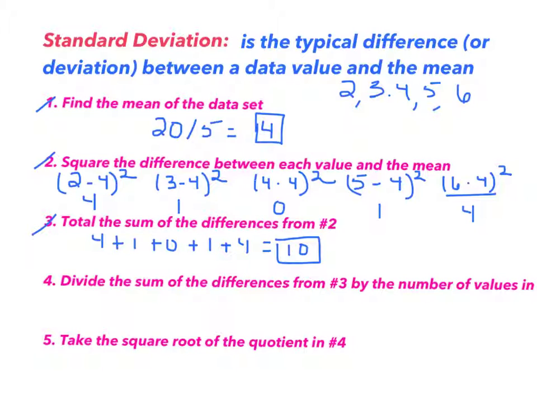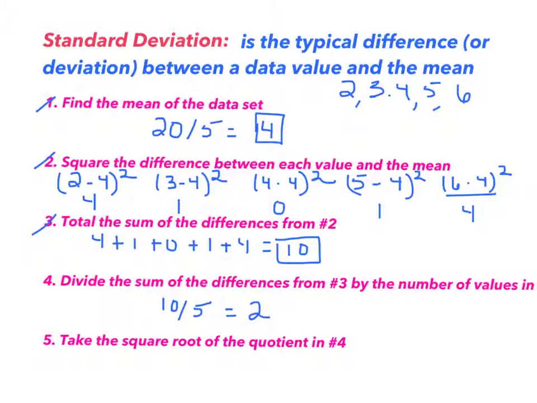Fourth step, divide the sum of these differences from number 3, which was 10, by the number of values in the set. The number of values in the set was 5, so we take the sum that we found in step 3 and divide by the number of values in our set, and we get 2.